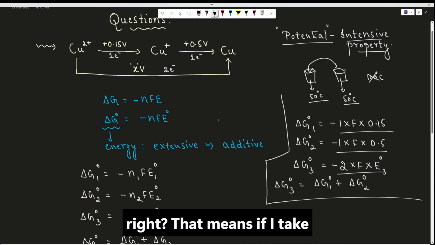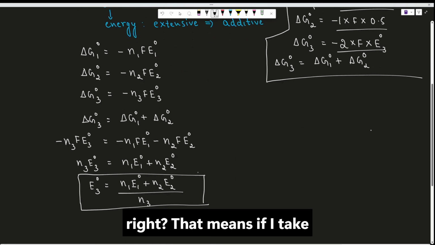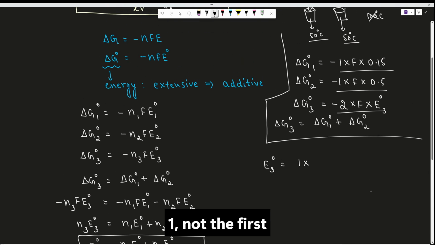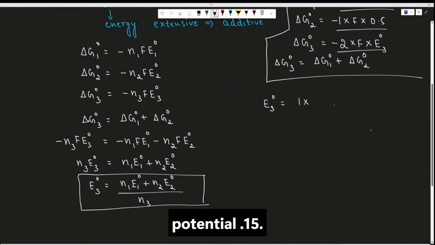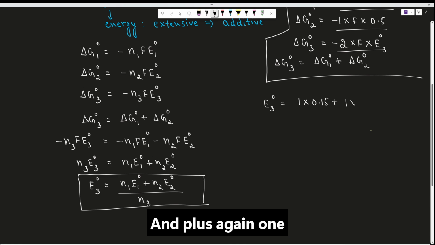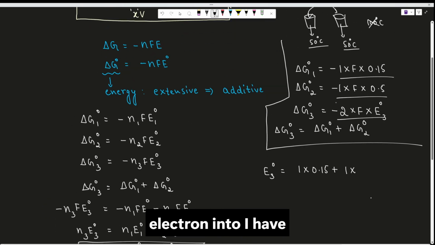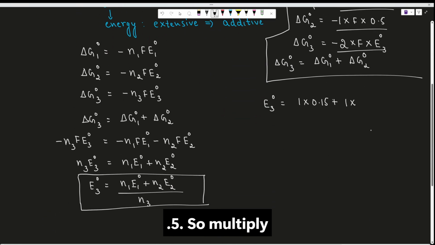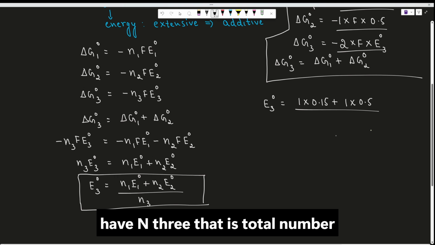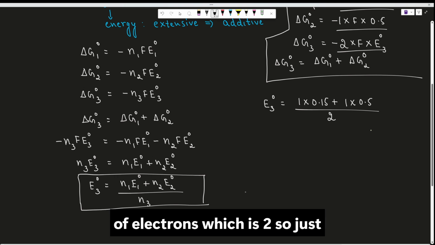Right. That means E3 naught is equal to N1, which is 1 here, into E1 naught, the first potential 0.15, plus again 1 electron into 0.5, divided by N3, the total number of electrons, which is 2.